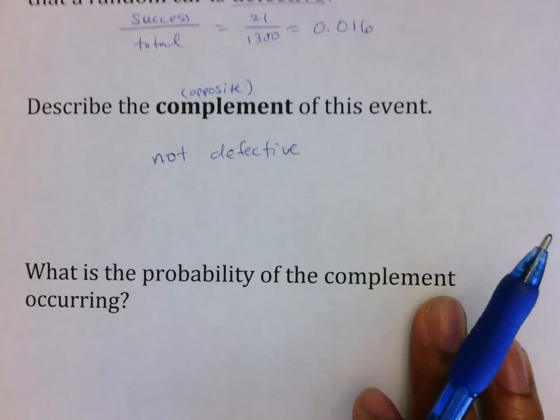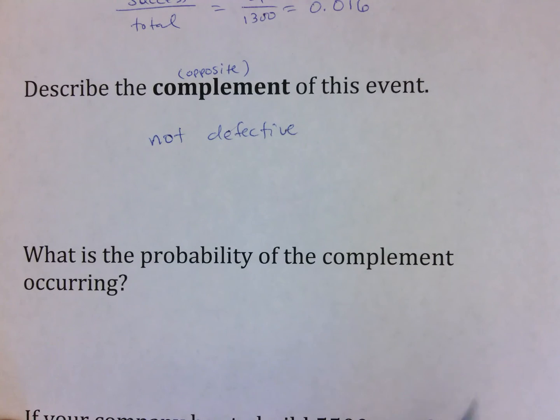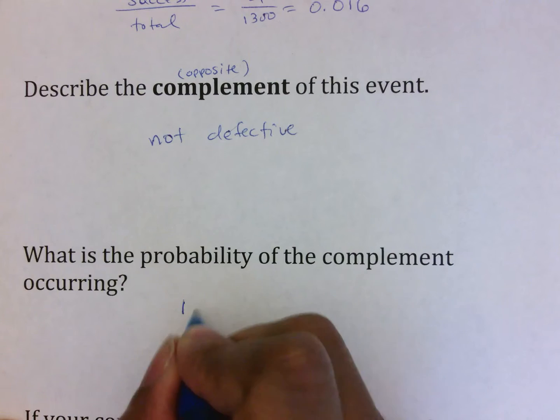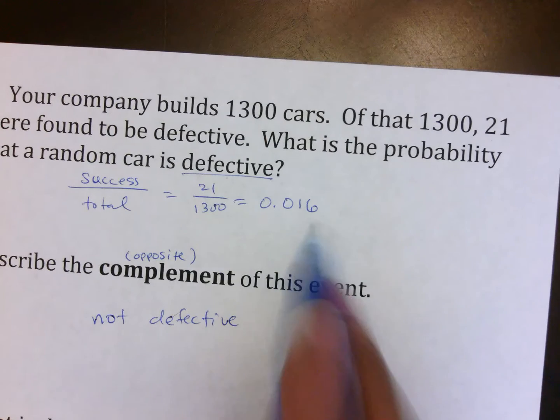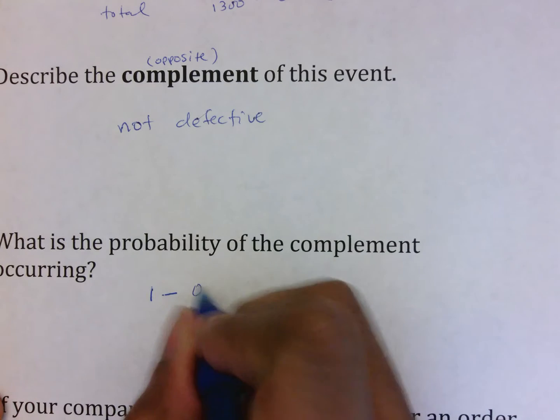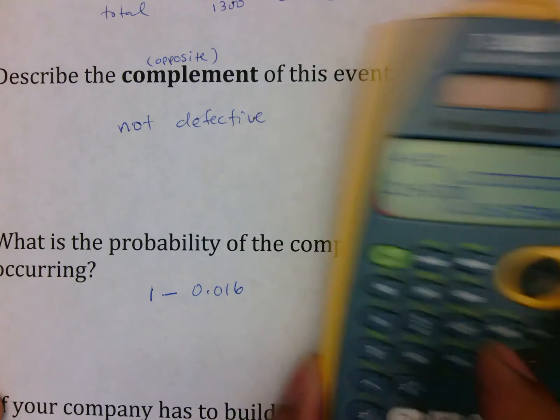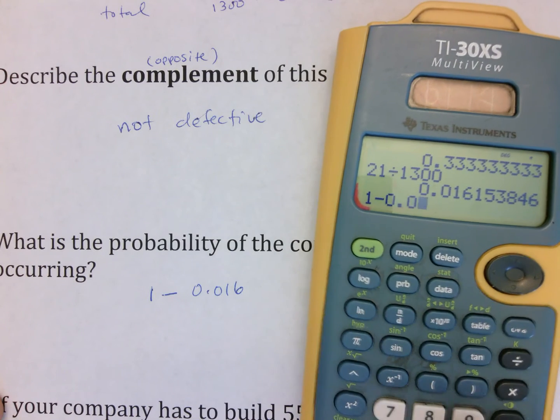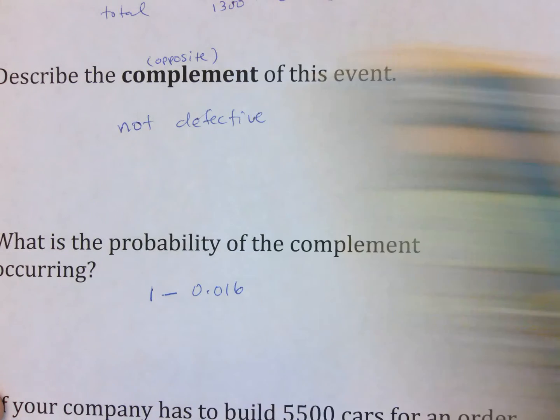And the probability of the complement, if you think about the fact that everything should add up to 100%, you would just do 1 minus whatever your original percentage was, which is 0.016. That's one way to do it, and you would end up with 0.984.